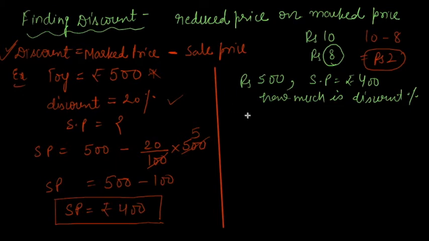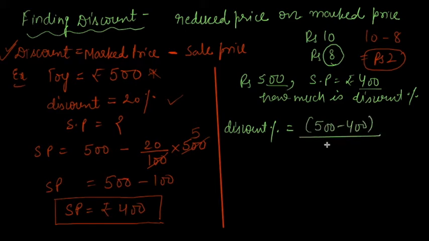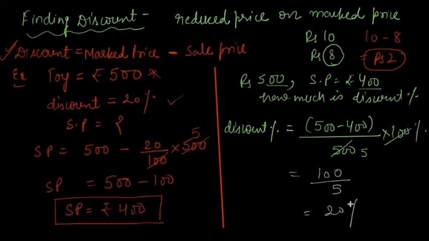So how do we calculate it? Discount percent: again, change in value means 500 minus 400. What was the original value? 500, into 100%, same. Now if you cancel, this becomes 5. 500 minus 400 is 100, so it means there is a discount of 20%.